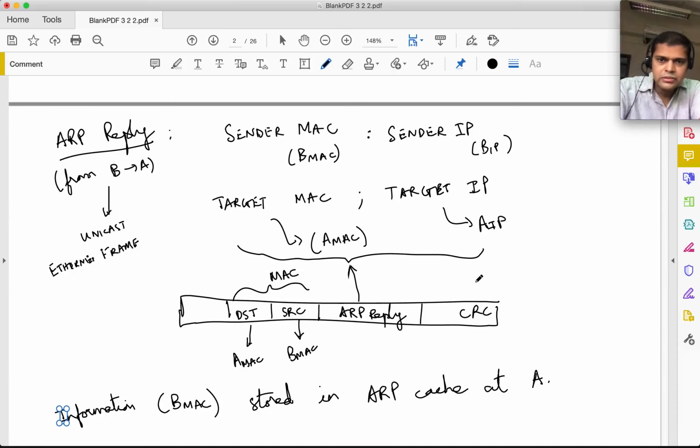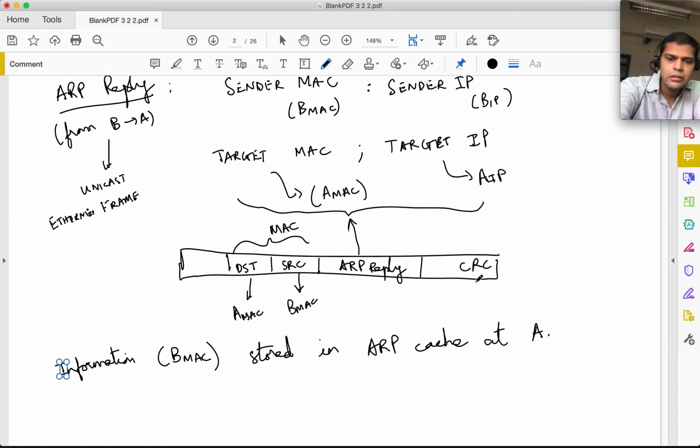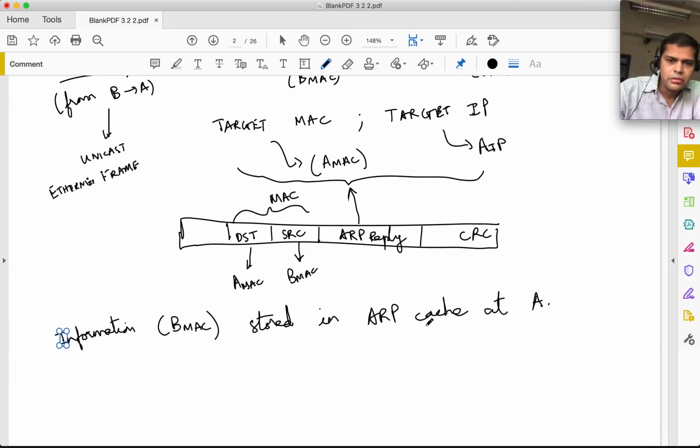So the IP address to MAC binding is not permanent. So this has a timeout. So it could be of the order of minutes, okay, maybe something like 15 minutes, let's say, after which we would get rid of this. And then if A has a packet to send to B, it would again have to send out an ARP request in case the cache doesn't have the MAC address of B.